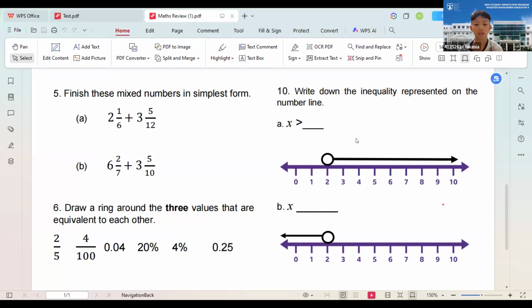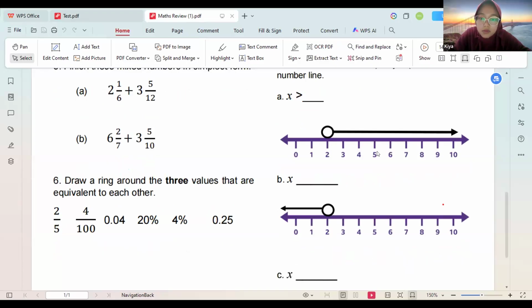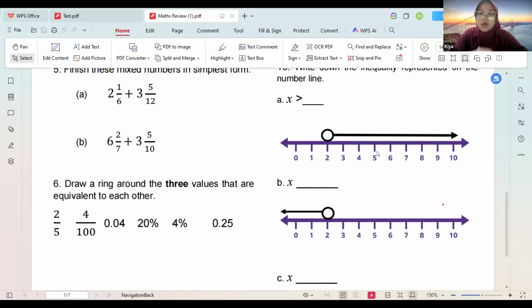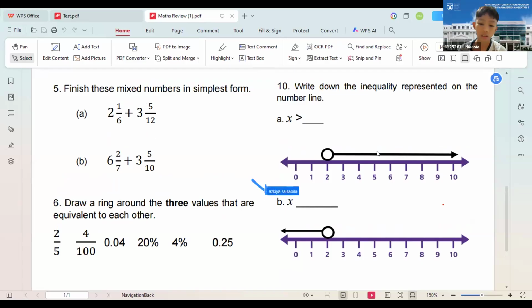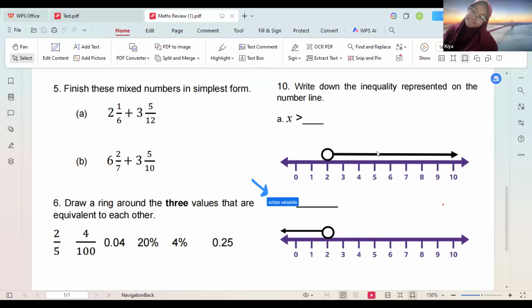X, 8. Wait, how about the option B? What is the inequality symbol?